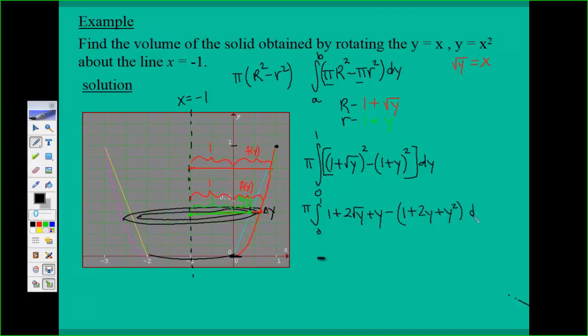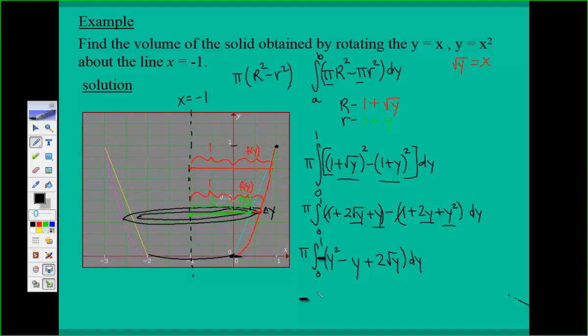We're just foiling these two quantities up here to get these here. And so if we combine like terms, we see the ones cancel. We have a y squared here, and we have a negative 2y and a plus y. Then we have plus 2 square roots of y dy.